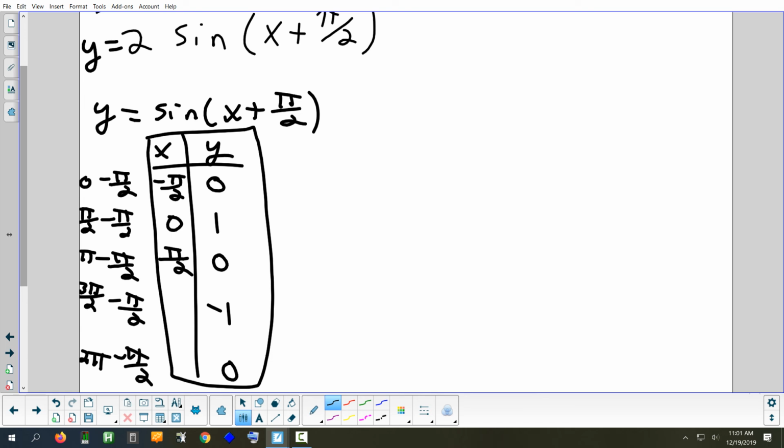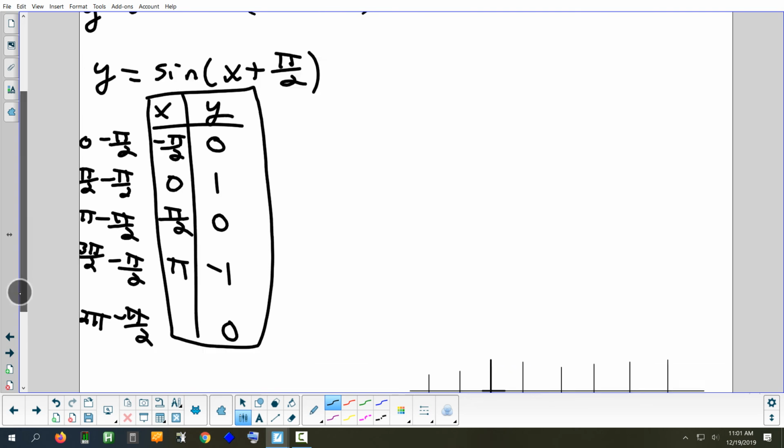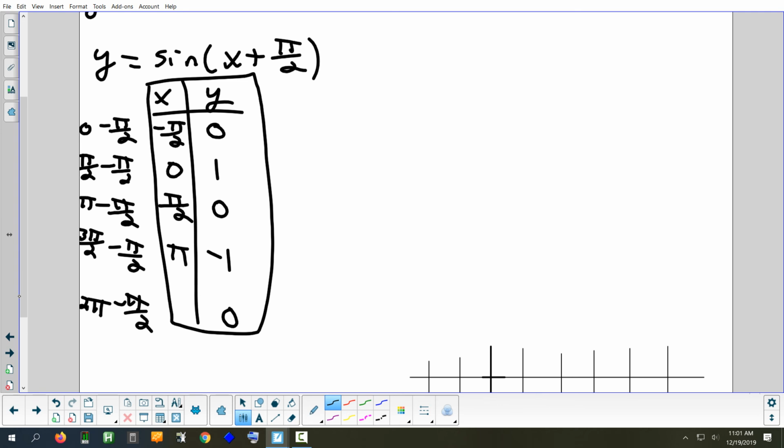I don't care which way you do it. Zach, what about 3 pi over 2 minus pi over 2? Yeah, it would be 2 pi over 2, which is just pi. And Chris, 2 pi minus pi over 2? 3 pi over 2. Yeah, good job.